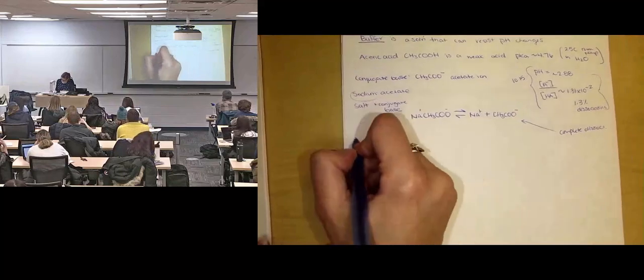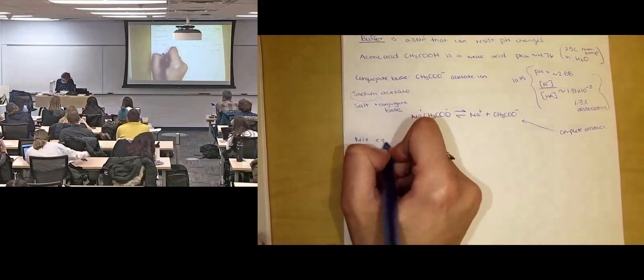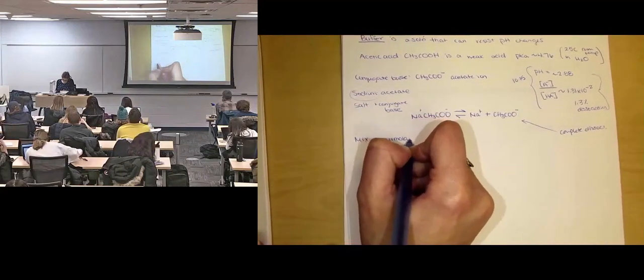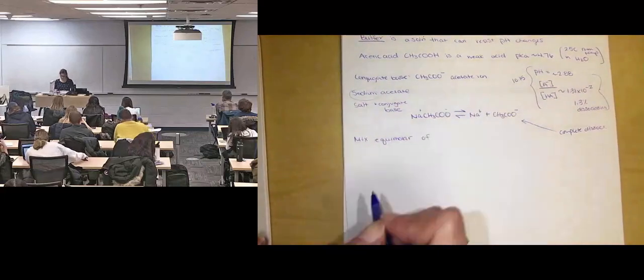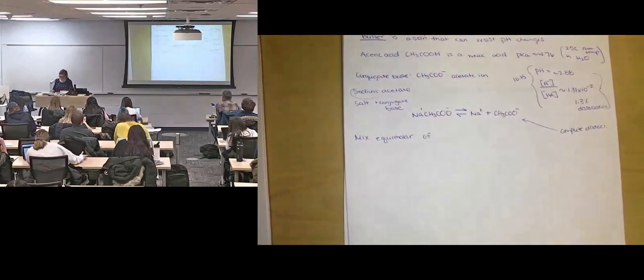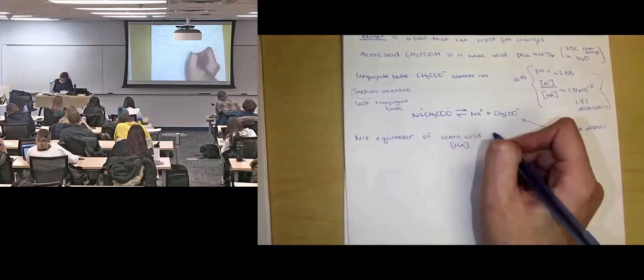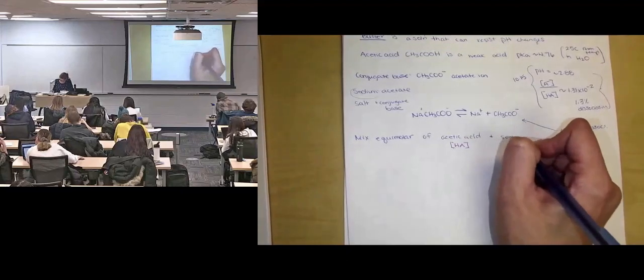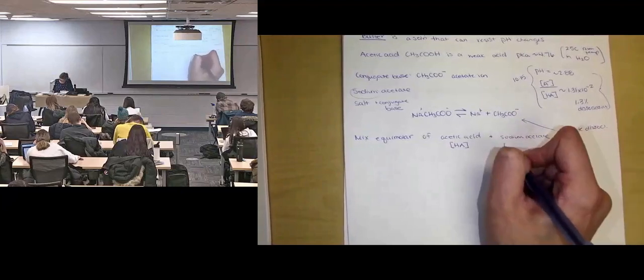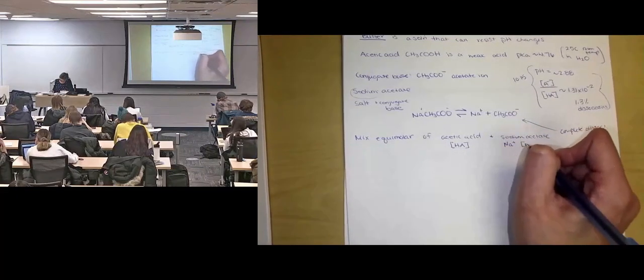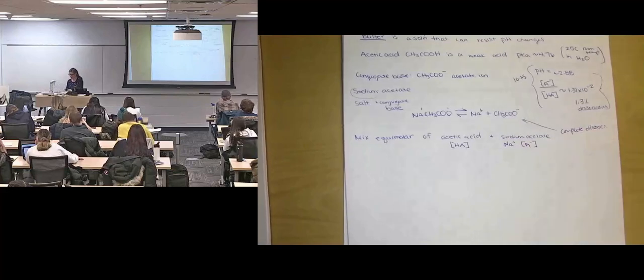So then, if I mix together equal molar amounts of my acetic acid and my sodium acetate, this is my concentration of my HA and my sodium acetate, which is my Na plus, and then my conjugate base.